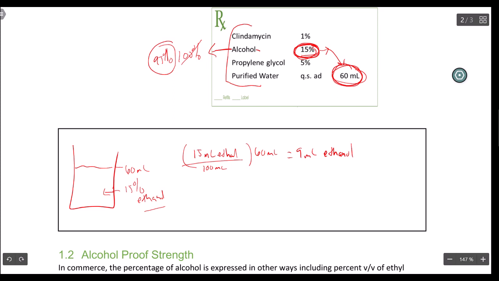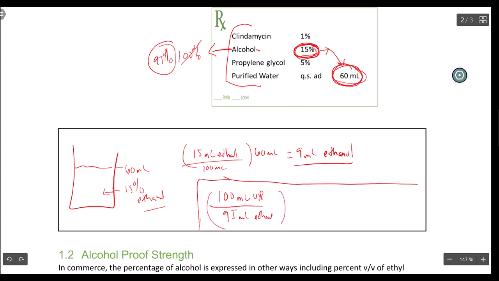What do I mean by that? For the USP grade alcohol, every 100 mLs of that USP contains 95 mLs of pure ethanol. If I want 9 mLs of pure ethanol, how much of that USP 95% do I need?